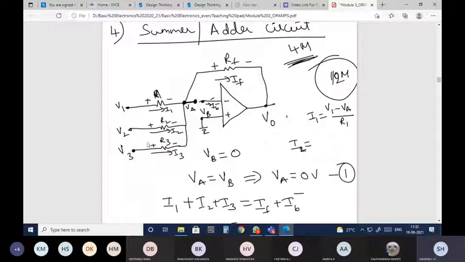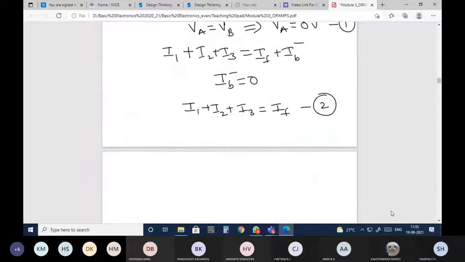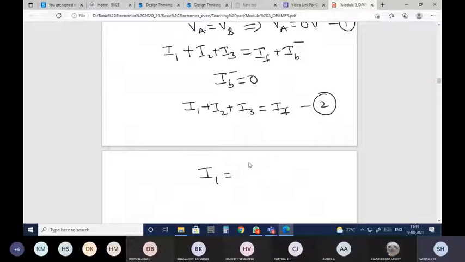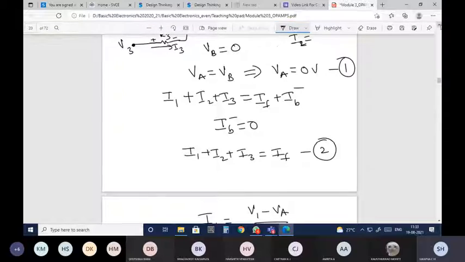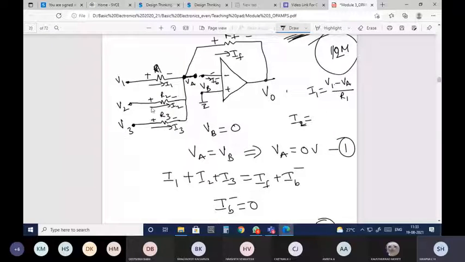In the same way, I2 is nothing but, can anybody tell me the I2 equation? I2 is nothing but the current flowing through the resistor R2. Can anybody tell me what will be the equation here? V2 minus VA by R2.